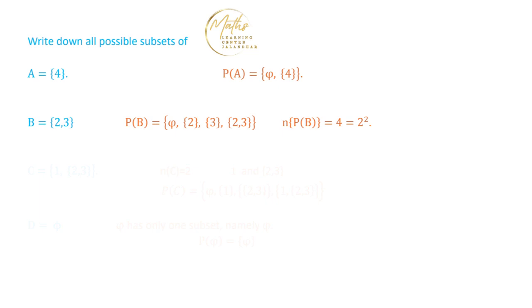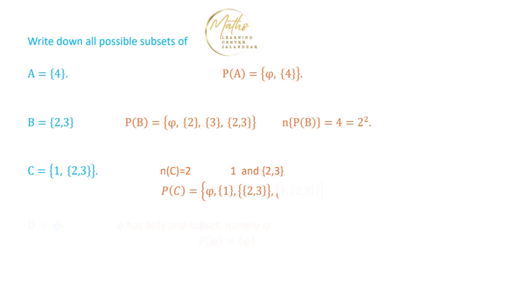Next we have the set C. We are saying it has element 1 and it has the element {2, 3}. So the number of elements in this set C is 2. The elements we have here are 1, and the second element is {2, 3}. So in the power set of this set C, first of all we will have the empty set. Then we have a set containing one element, then another set containing one element.